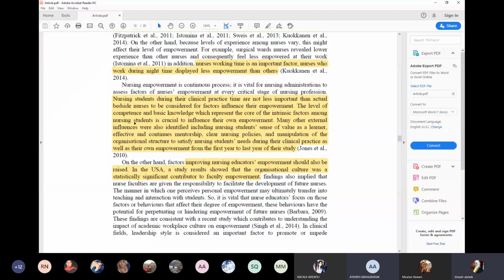Yes, excellent. Here in this paragraph, the previous literature talked about the factors that increase the empowerment level among nursing students. Basically, they were talking about knowledge, clear nursing policies, mentorship, satisfying efforts from organization structure to support nursing needs, values of learner, and clinical practice as well as their own empowerment from the first year to last year of their study.